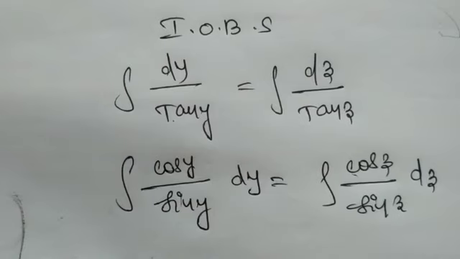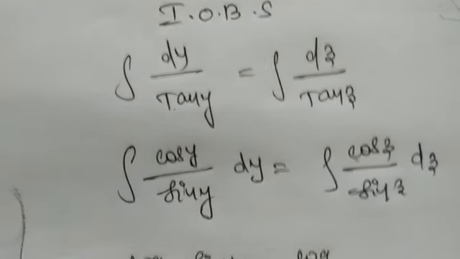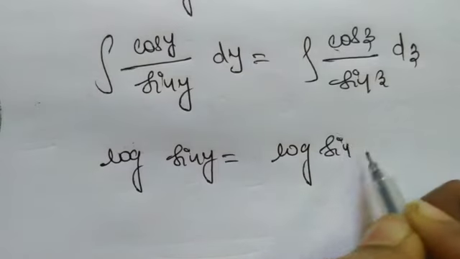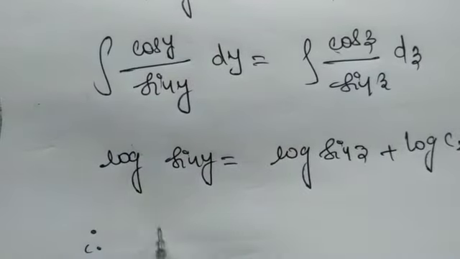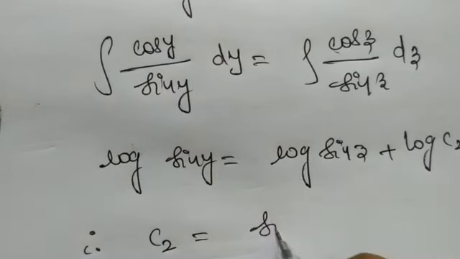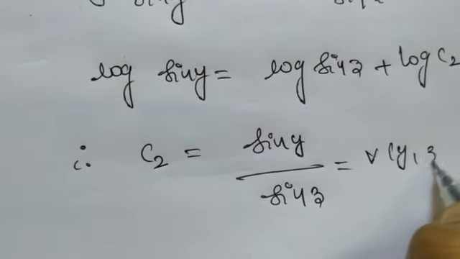Therefore log sin y equal to log sin z plus log c2, so c2 equal to sin y by sin z. This is v of y comma z.